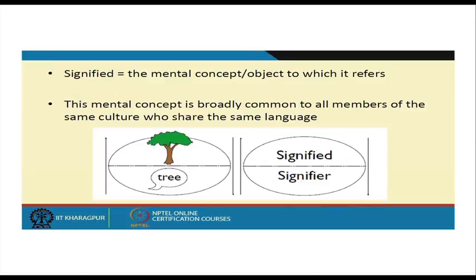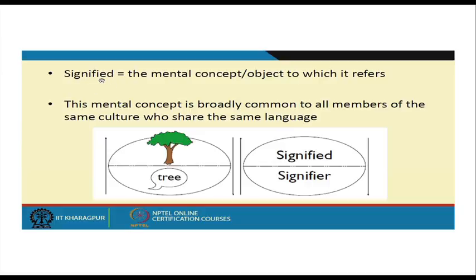So we only restrict ourselves to the visual domain, but just to make you aware that there are other domains where semiotics work as well, and many a times they work in conjunction with one another. So now let's look at one of the structures of semiotics which has been proposed by Saussure.